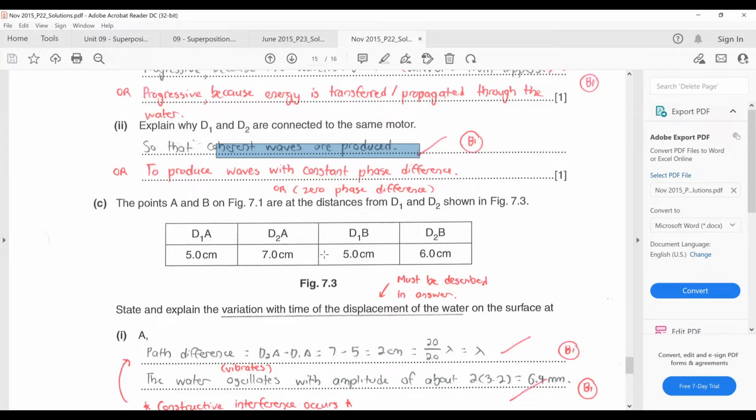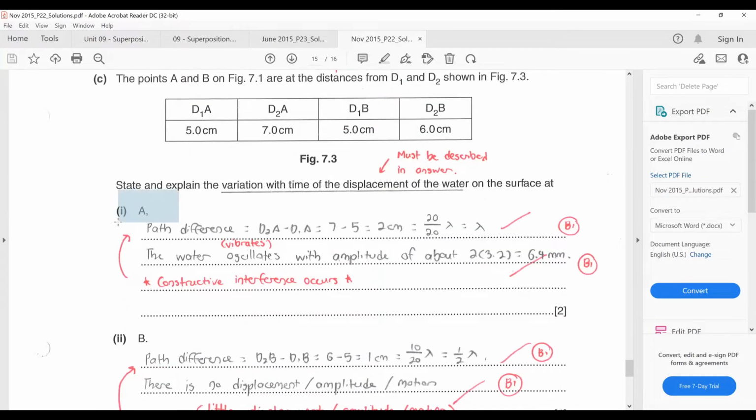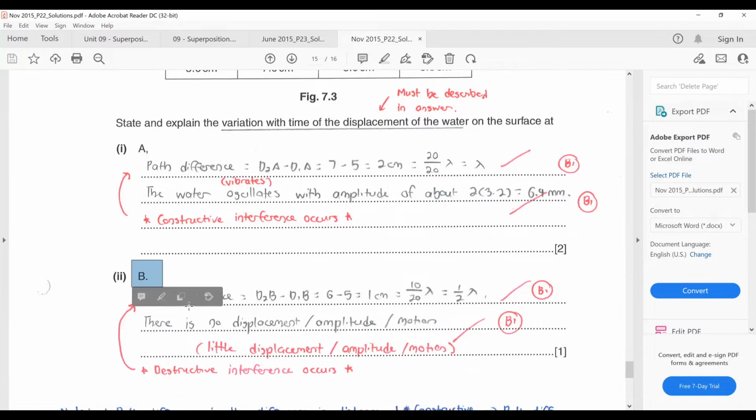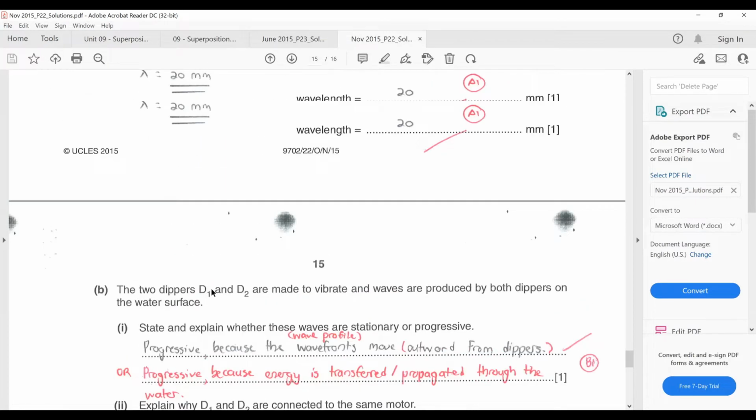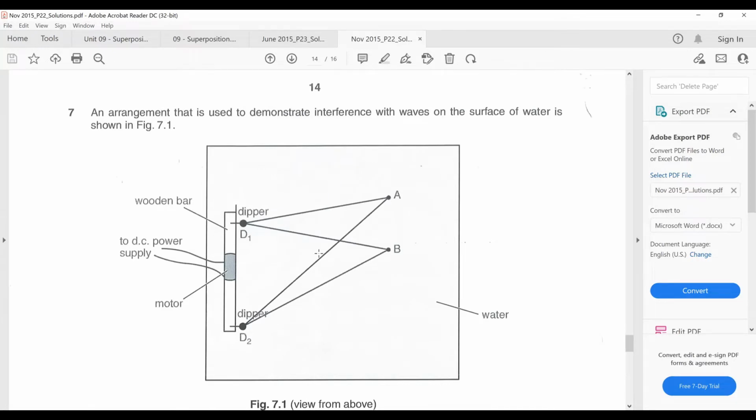State and explain the variation with time of the displacement of the water on the surface at point A and at point B. So what they say is that you have two points to consider, point A, point B. They want you to identify the nature of the oscillation at these two points.